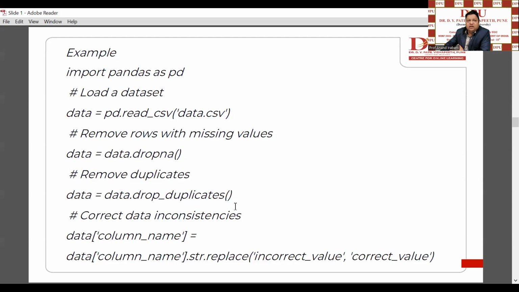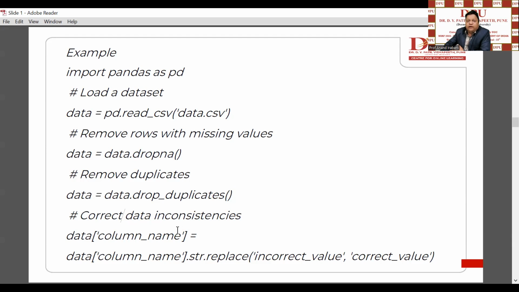This will simply remove the duplicates, if there are any, from your data set. So once this statement is executed, I can say that my data set is free of missing values and free of duplicate values.